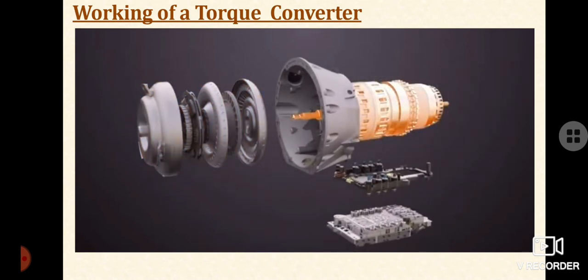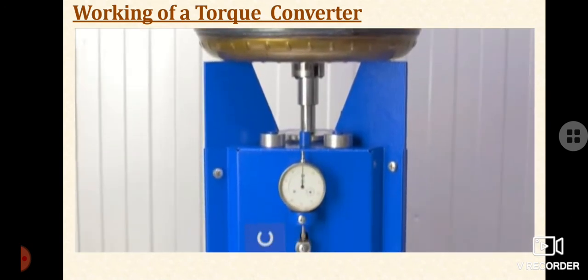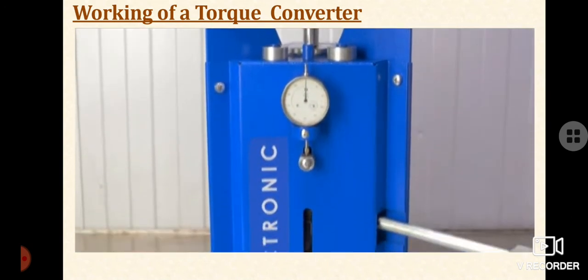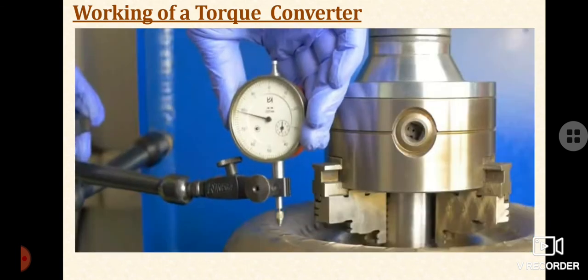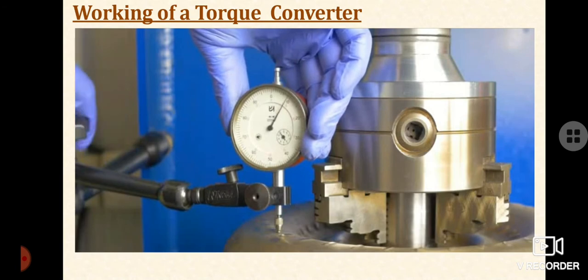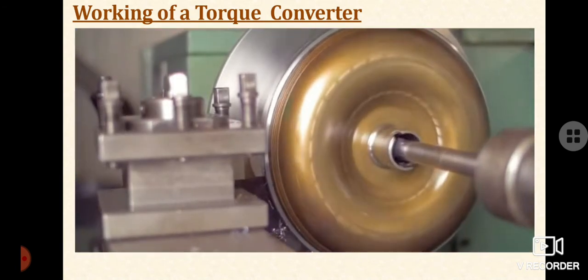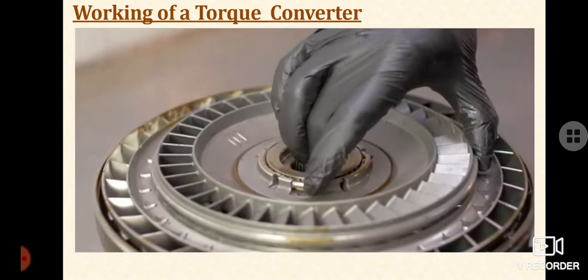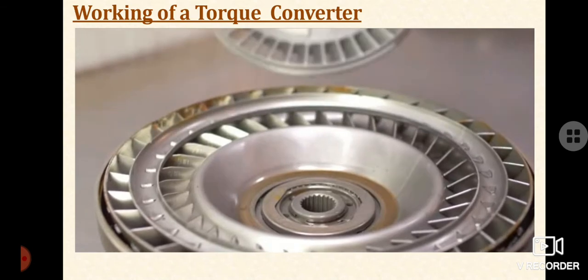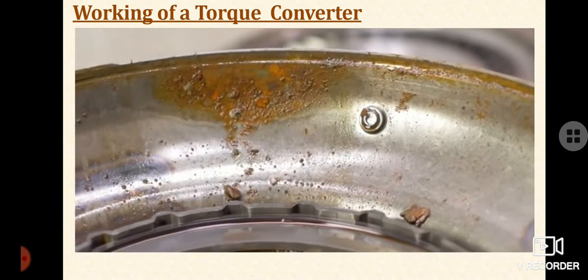At the coupling point, the lock-up clutch comes into play and locks the turbine to the impeller of the converter. This puts the turbine and impeller to move at the same speed. The lock-up clutch engages only when the coupling point is achieved. During coupling, the stator also starts to rotate in the direction of the impeller and turbine rotation.